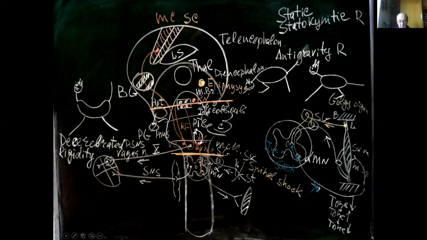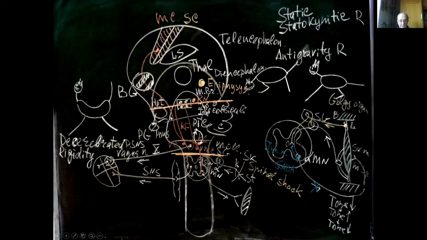these neurons are known as alpha motor neurons. This is the localization. They are regulated with the help of the motor cortex. The motor cortex is localized in the precentral gyrus, and this is the pyramidal tract.